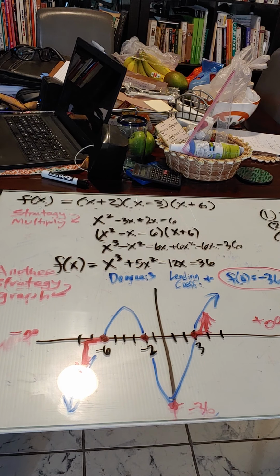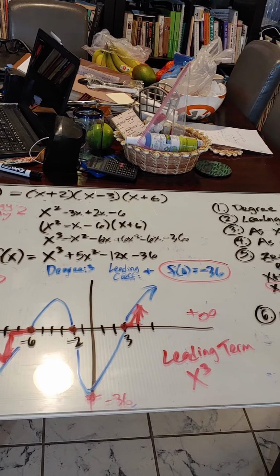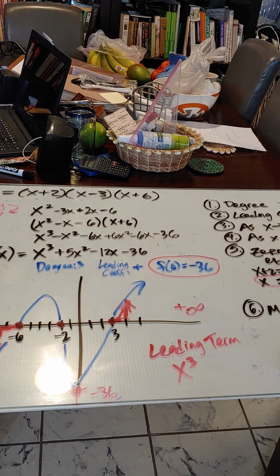And so we were expected to find that leading term, which is x cubed. So if we study the leading term of this polynomial, it's x cubed.